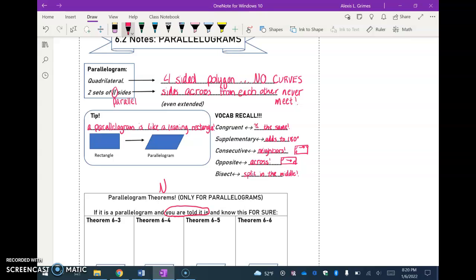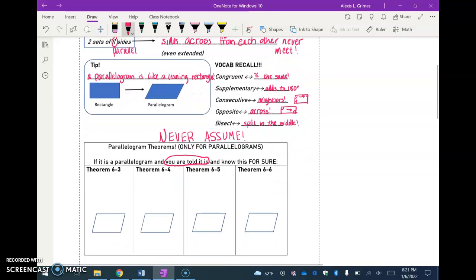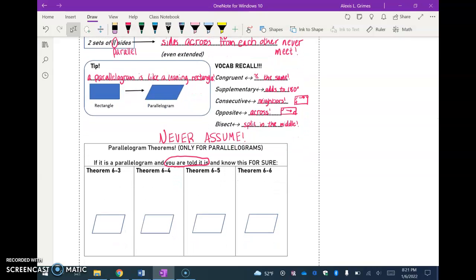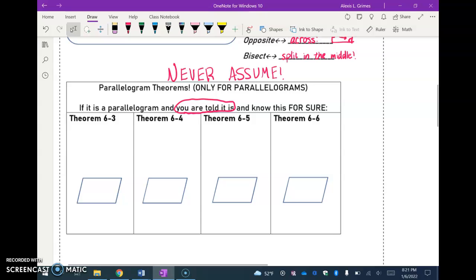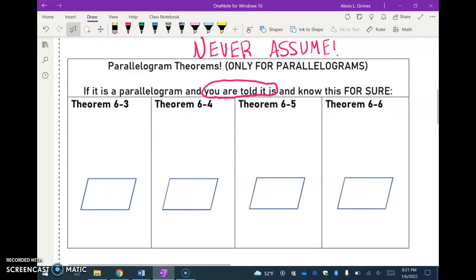Remember, we never assume. Never assume. So you have to know that it's a parallelogram to use any of these. So we're going to write out these definitions first and then talk about what they mean. So let's just go one at a time here.